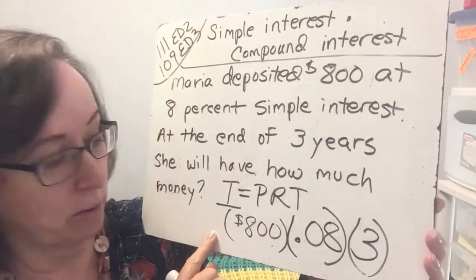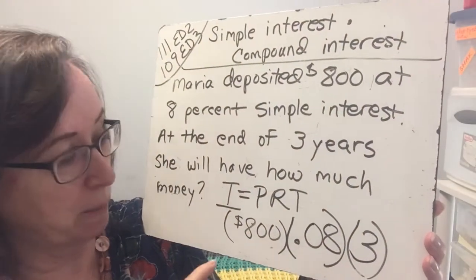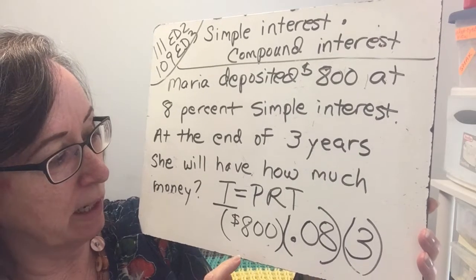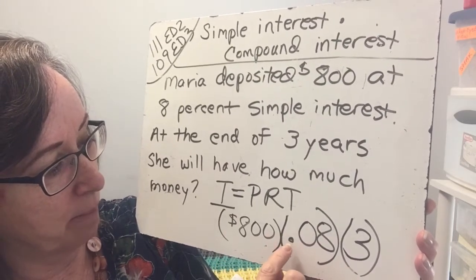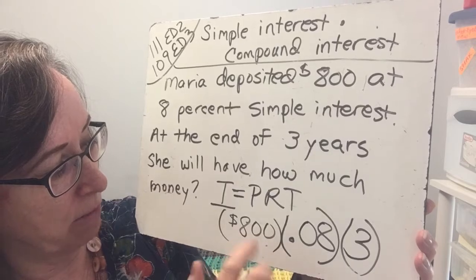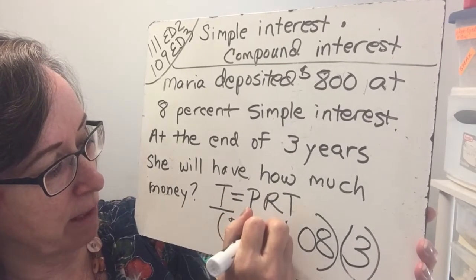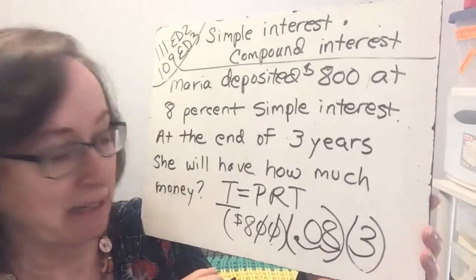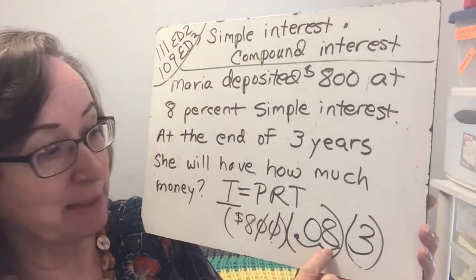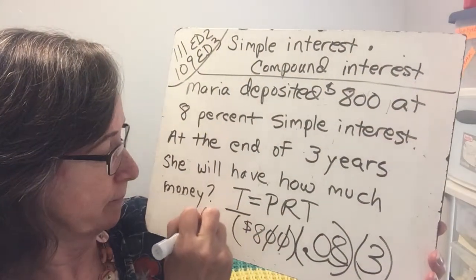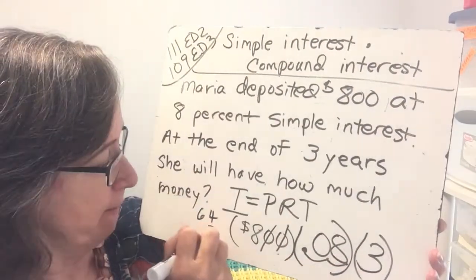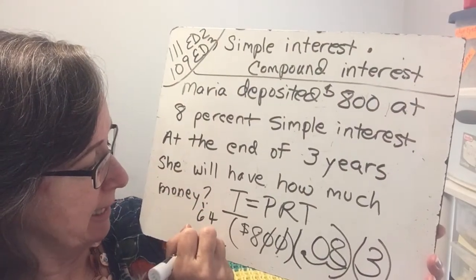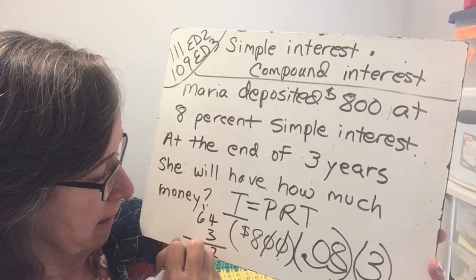So now we're going to multiply. So let's see, how can we do this the easiest way? Let's take these 2 zeros and move this decimal over twice. That was easy, right? So now 8 times 8 is 64. And 64 times 3 is 192.